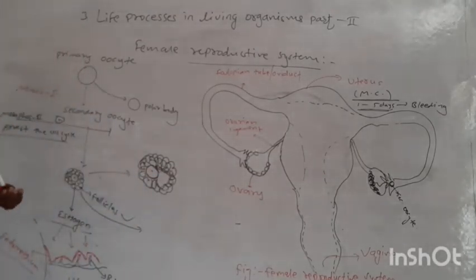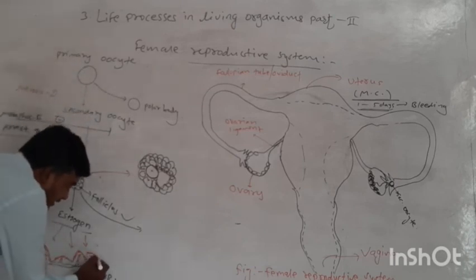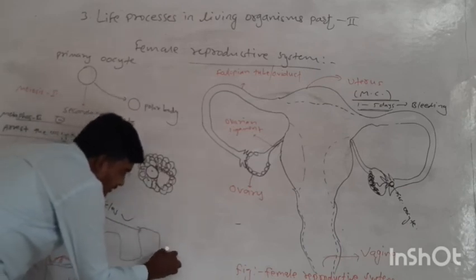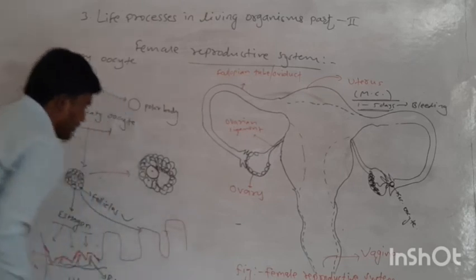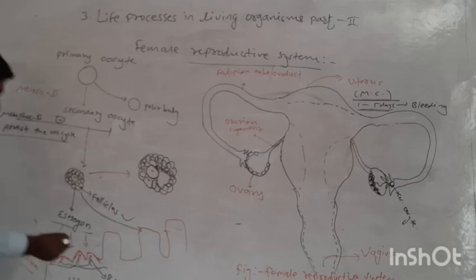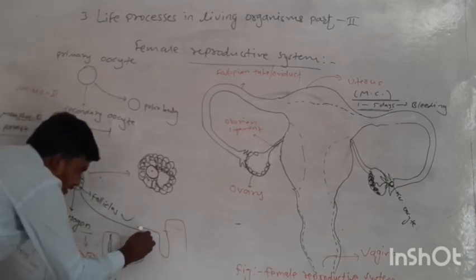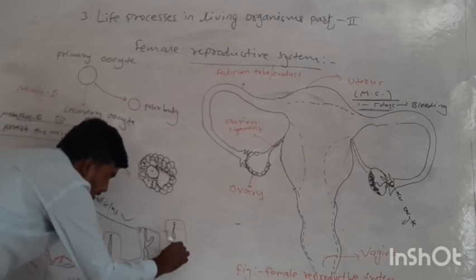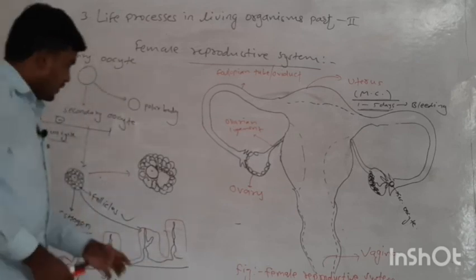What is happening here, the endometrium layer is also increasing like this with the ovulation process, and these blood vessels are also increasing.